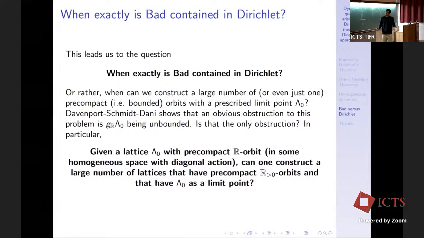On the other hand, if you do have lambda naught with precompact R orbit, can you construct bounded orbits with that limit point? Okay, it's not so interesting, but it's a question you can ask. People are interested in bounded orbits, so why not this?